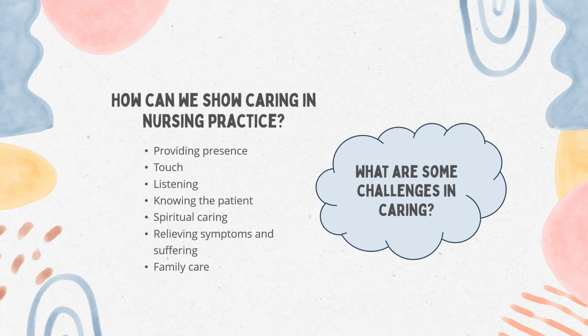So really making sure that we take the time to have that human-to-human interaction and not just simply relying on making sure that we are recording everything in our health record, which while that is important, we also need to make sure that we are doing the one-on-one care with our patient. There may be some organizational policy constraints, and then maybe even some patient factors, like they're resistant to caring, or maybe they have some complex needs.